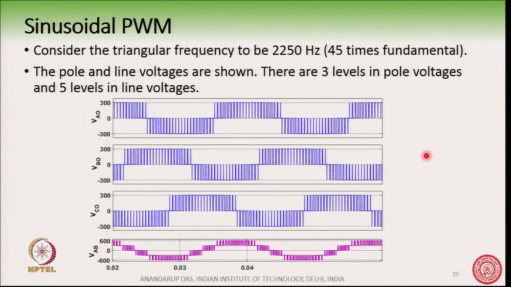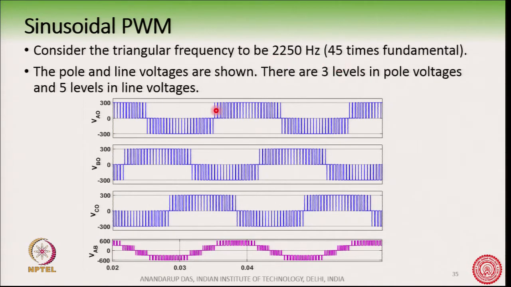So, there are now 2 triangles, the green and the pink triangles, both level shifted, meaning there is one upper triangle and one lower triangle, both having this frequency 2250 hertz.